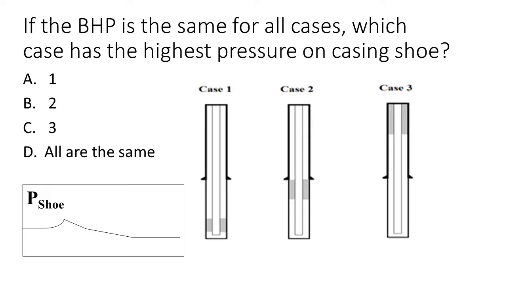The pressure at the shoe begins to decrease when the gas starts to pass the shoe because the gas is low density and does little work. The reason it's maximum just before the gas passes the shoe is that we have a complete column of mud which is transmitting the extra pressure that we need to hold back the formation and to make up for the work that the gas isn't doing as it expands.